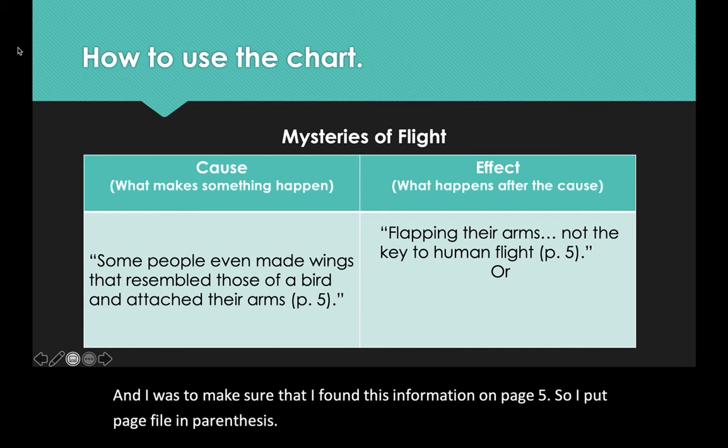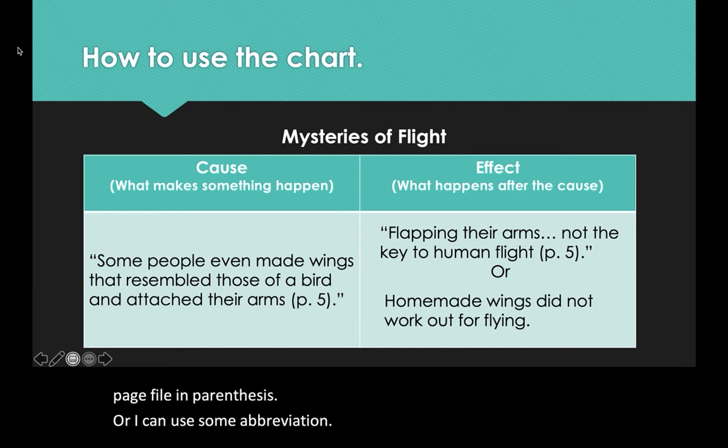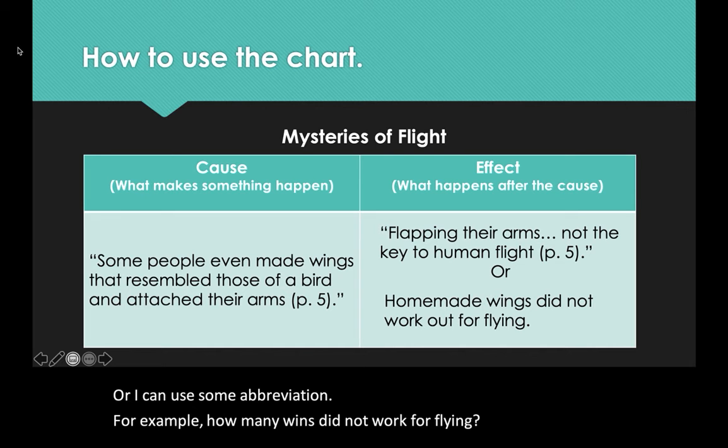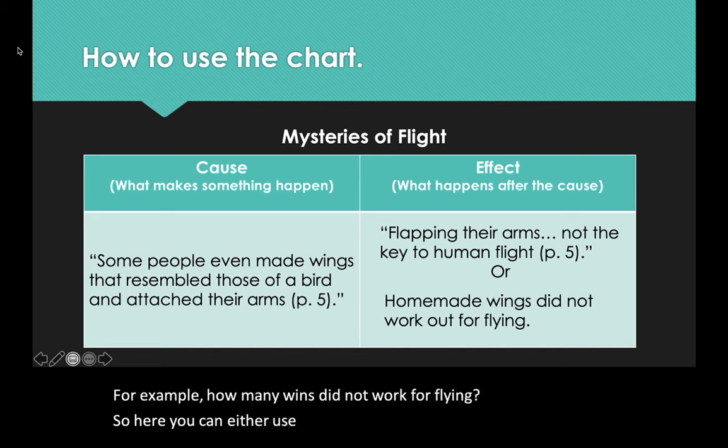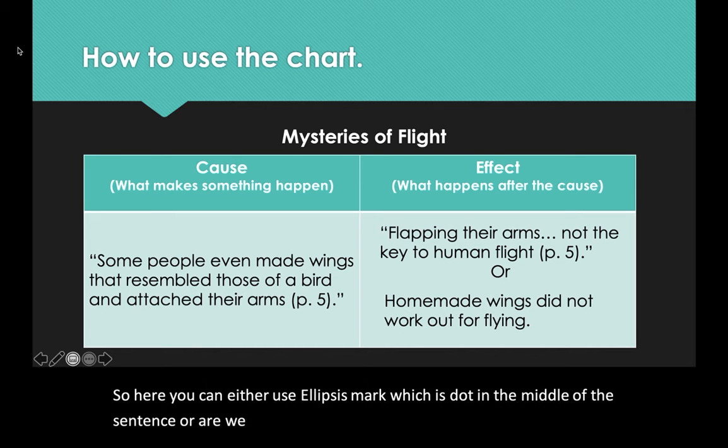Or I can use some abbreviation, for example, homemade wings did not work for flying. So here you can either use an ellipsis mark, which is dot dot dot in the middle of the sentence, or abbreviate the sentence to save space in the column.